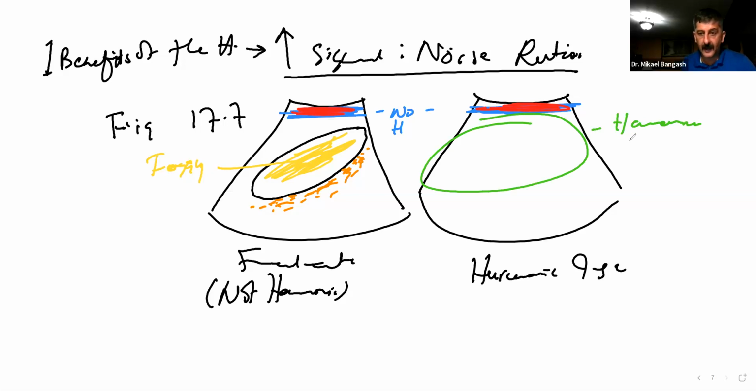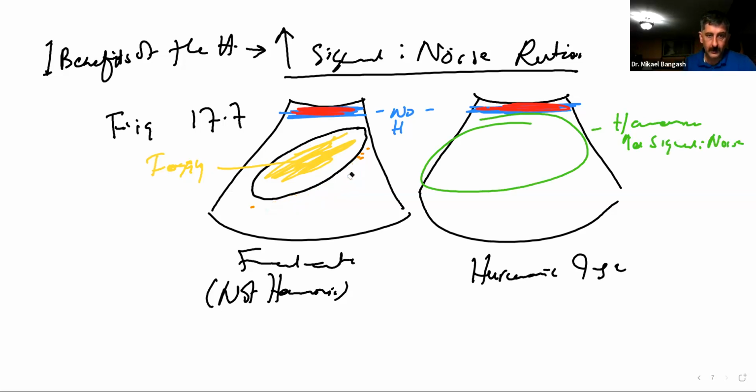As a result of that, there is going to be an increased signal to noise ratio. So in this image, noise was displayed in two ways or two colors, or we can just make it one color.